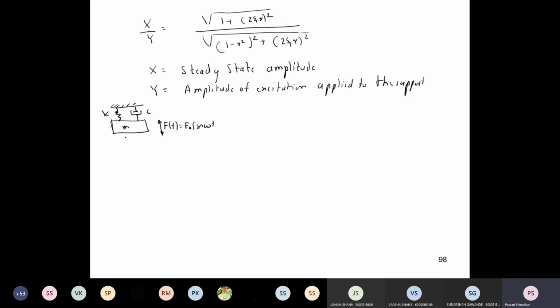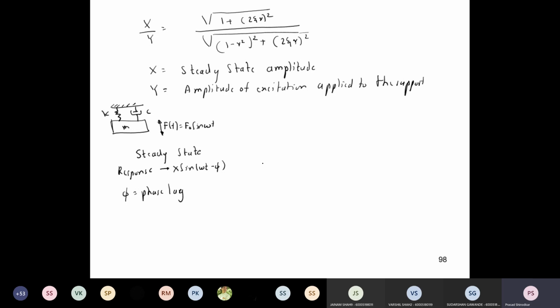This was our first basic case. In that case, the steady state response for this case was X sine (omega t minus phi). I hope you remember that, where phi is the phase lag.